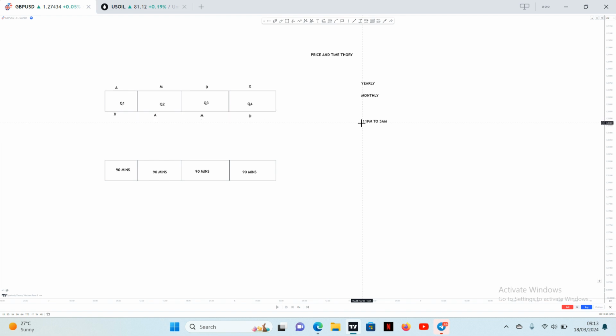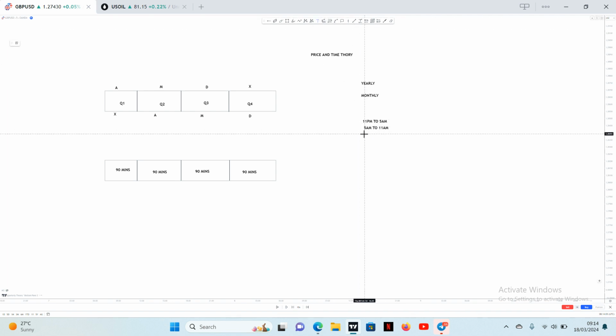So the Asia, or the quarter one, in fact, I will stop calling it Asia. Quarter one will start from 11 p.m. to 5 a.m. Quarter two will start from 5 a.m. to 11 a.m., which corresponds with the London session.